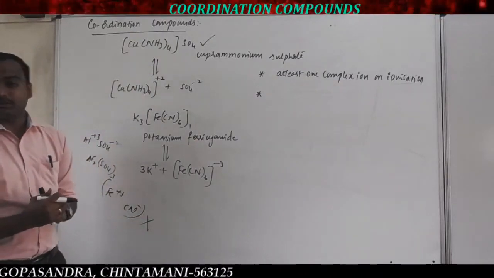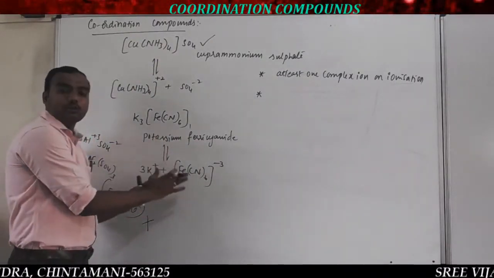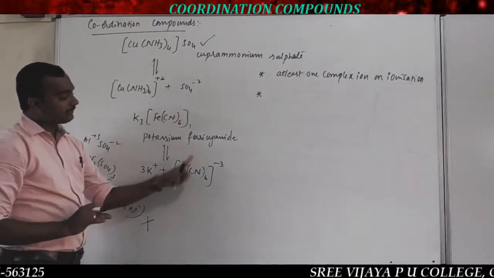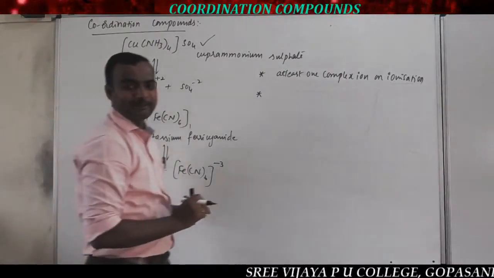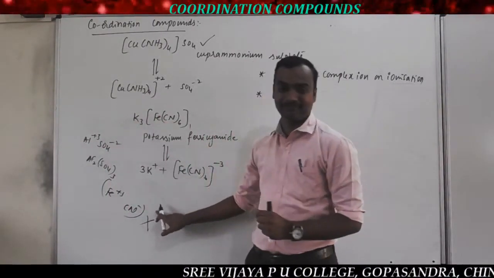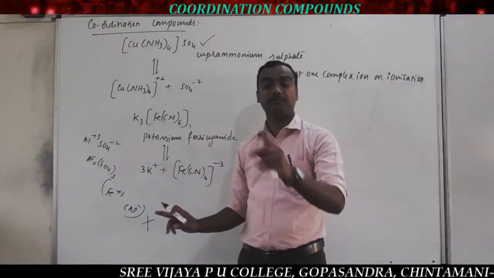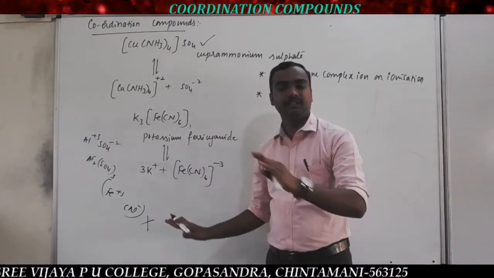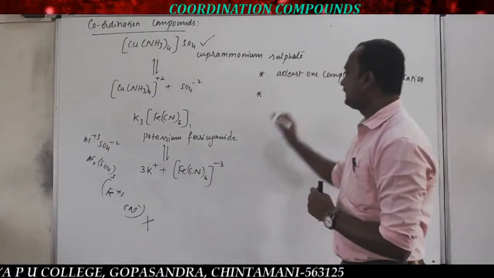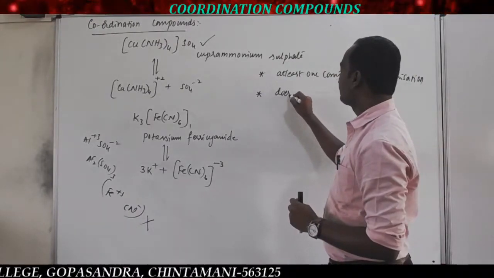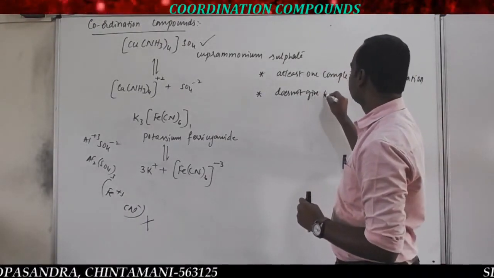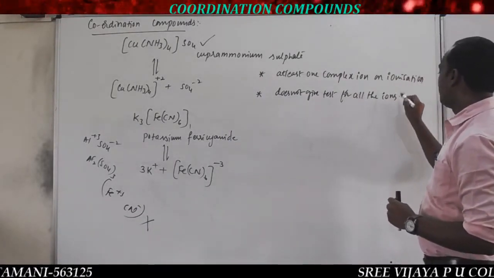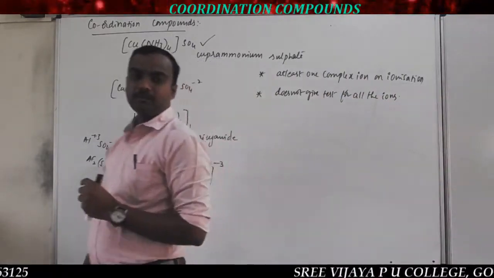In the case of a double salt, if you take potassium ferricyanide and test for potassium, you get a 100% positive test. But if you try to test for CN minus or Fe plus, the test does not come. The reason is that they do not exist as ions, because the bond between them is a coordination bond, not an ionic bond. Since they do not come in ionic form, you definitely cannot identify them in qualitative analysis. That is, it does not give a test for all the ions.